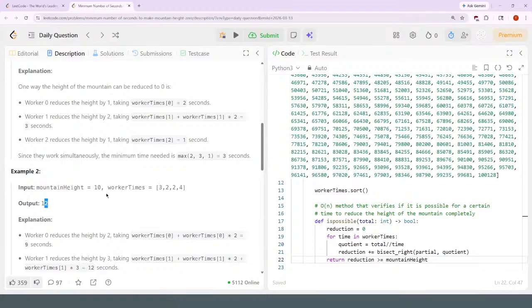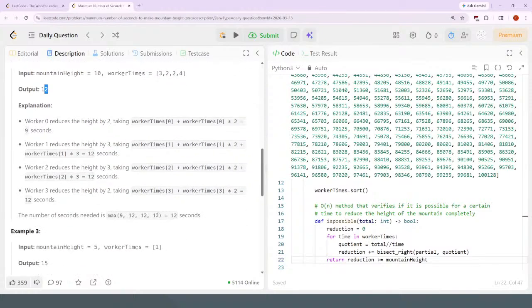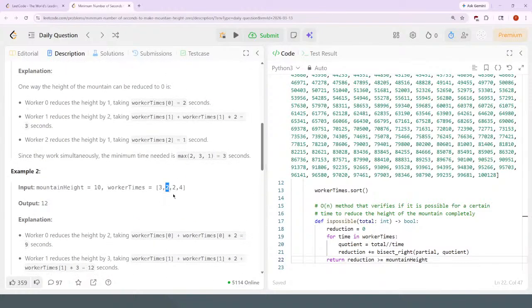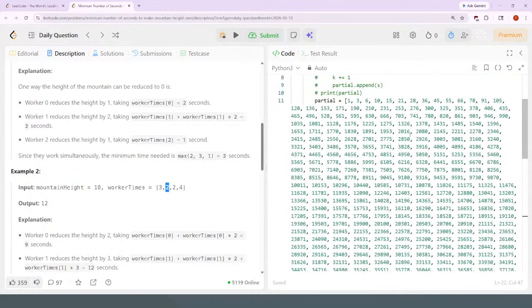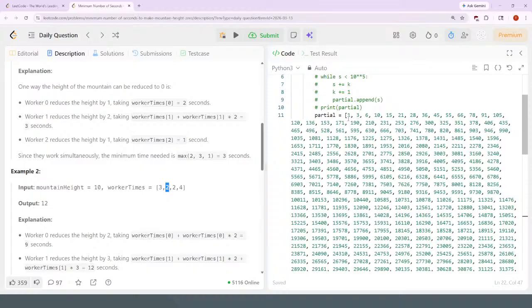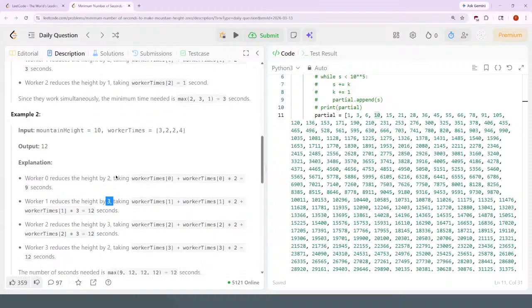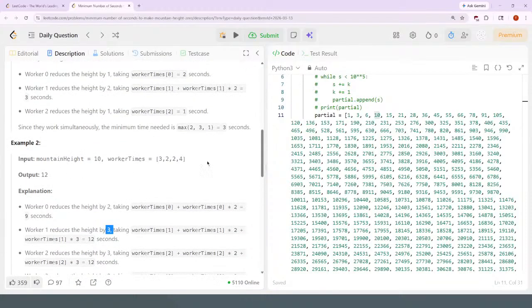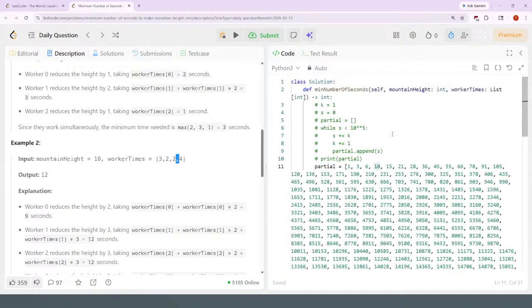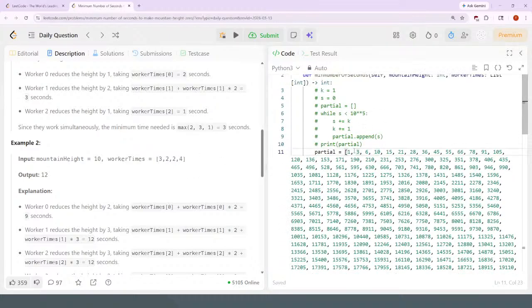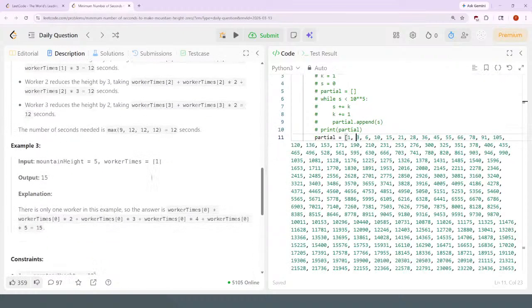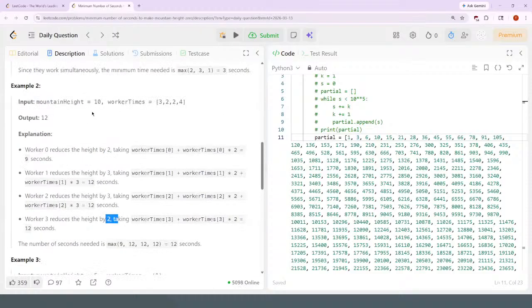So if my guess is time 12, worker time is 2, 12 divided by 2 is 6. 6 bisect right would give me index 3, which is the number of reductions, yeah. And then 12 divided by 4 is 3, that should give me index 2 reductions for worker 3.